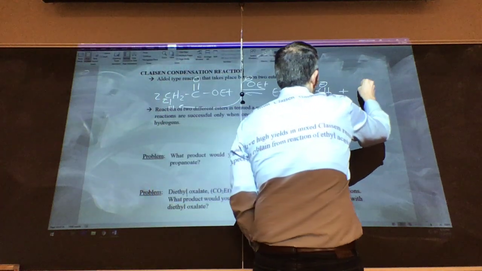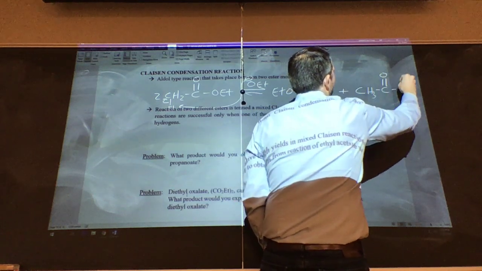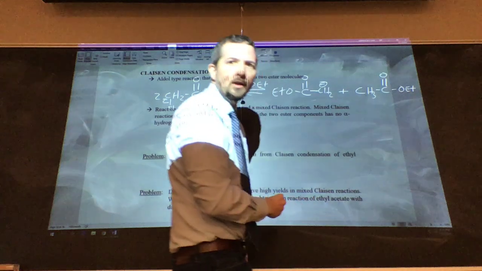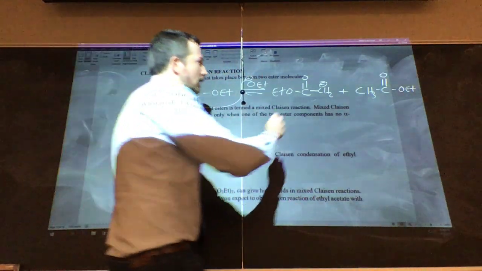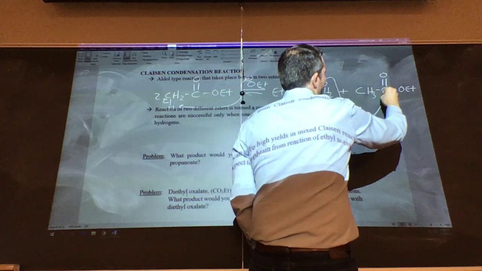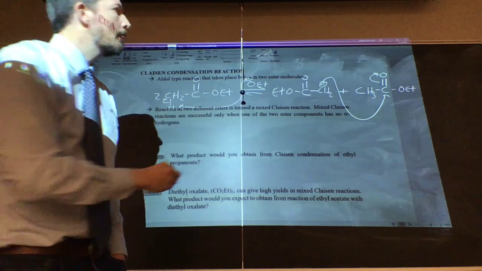So I have a second molecule, and it'll react with itself, attack the carbonyl, and make an O minus.